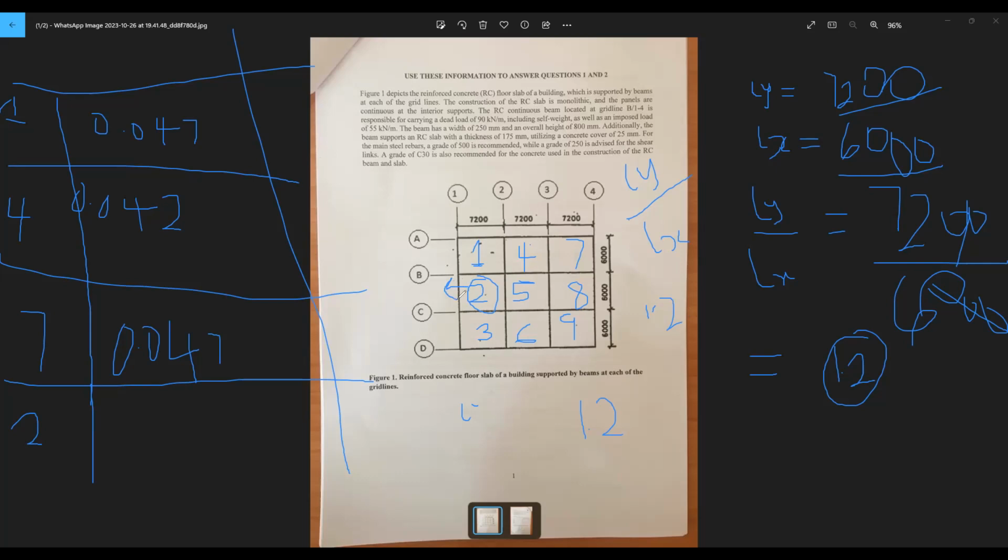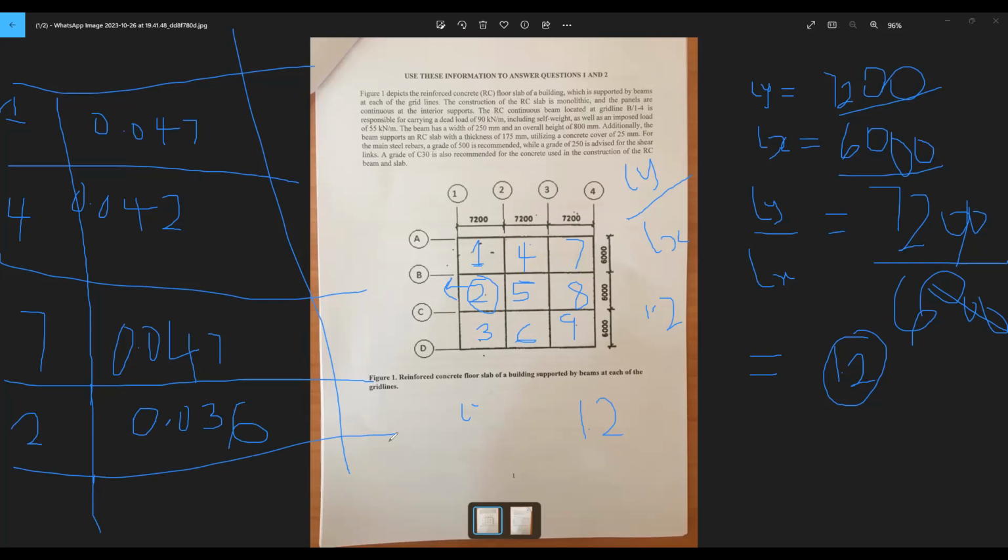And we are getting 0.036 as the value for the positive moment at midspan. So you write that here, 0.036. That is the value we need right now.